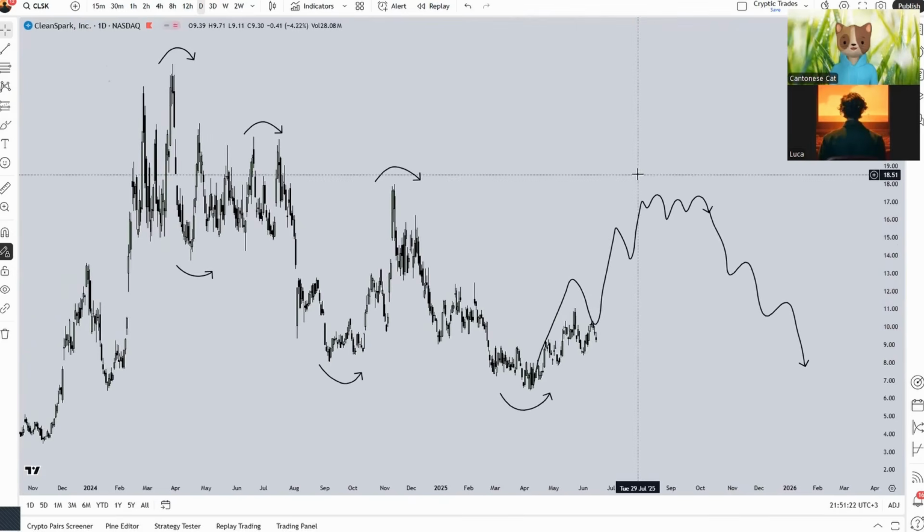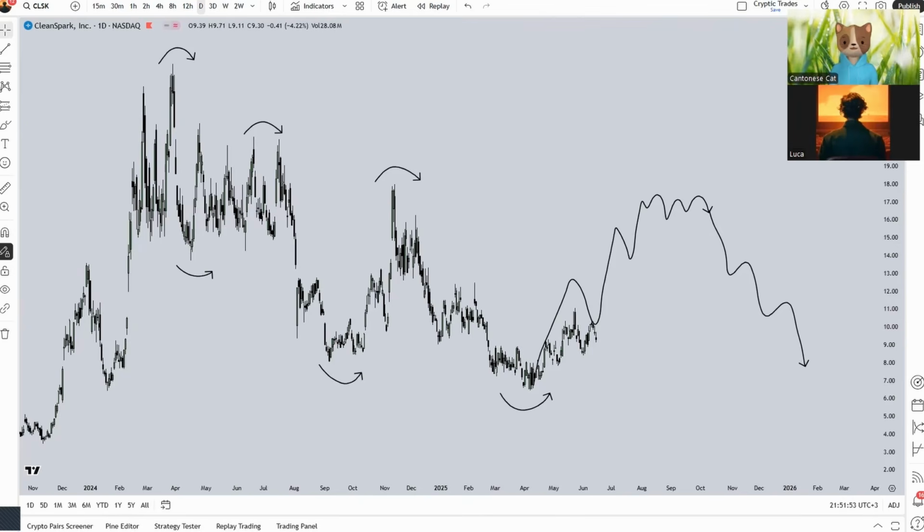First of all, I want to applaud you for having an alternative scenario, because I honestly think that nobody really knows what the future holds. It really matters what you're seeing and what levels you have for a valid different scenario. My thought is that CleanSpark has been extremely challenging to chart, to say the least.